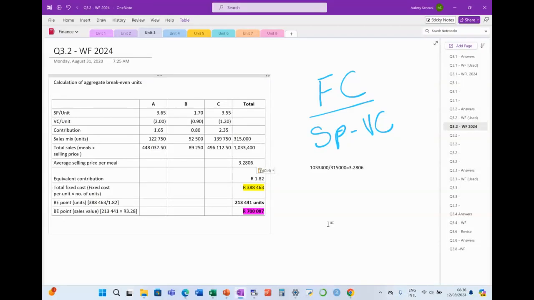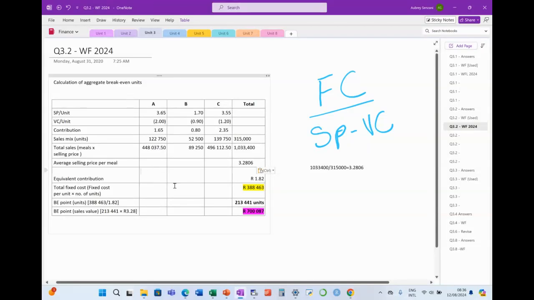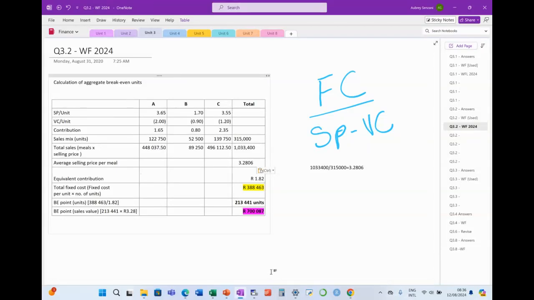Everybody happy so far? Then the next step is you need to now get your equivalent contribution.